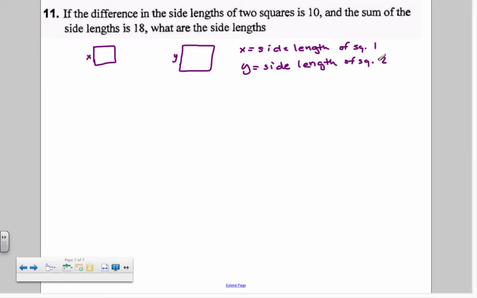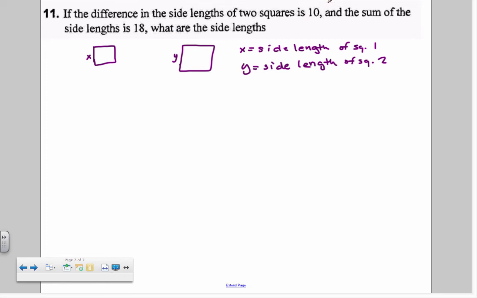It's important to define your variables to make it easier for you when you're writing your equations. So then we go back to our problem again. It says, if the difference in side lengths of two squares is 10 and the sum of the side lengths is 18, what are the side lengths?